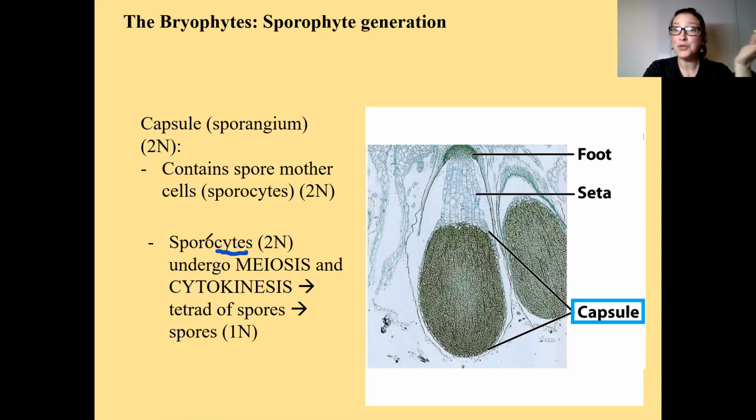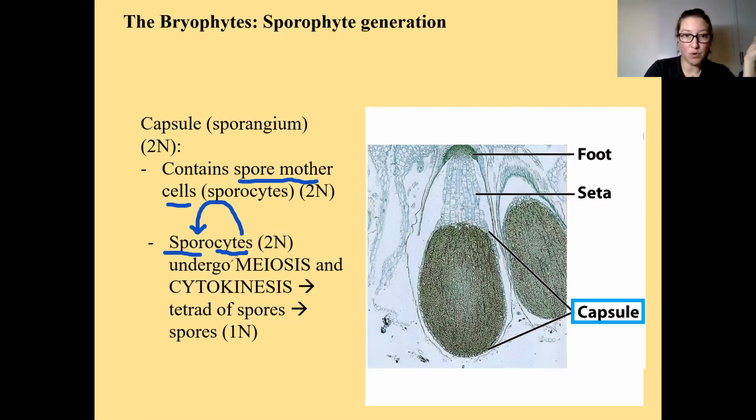Anyways, sporocyte: cyte means cell, sporo, as we know, means spores. So it's cells that make spores, which for the purposes of our class, spore mother cell is fine, but the technical term is sporocyte.